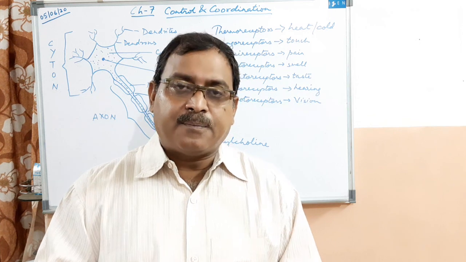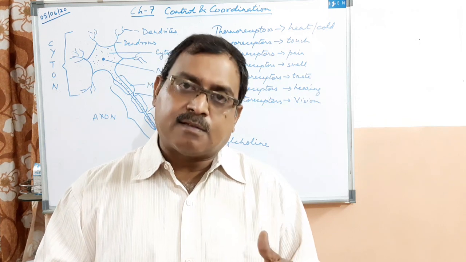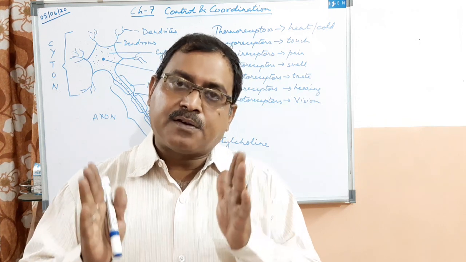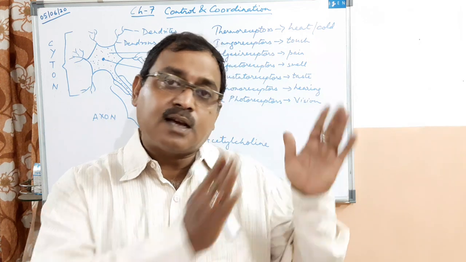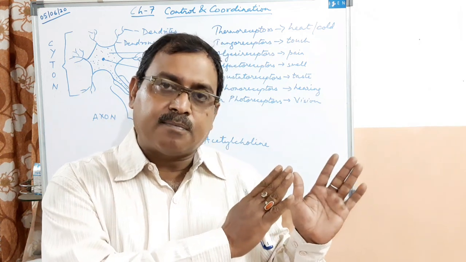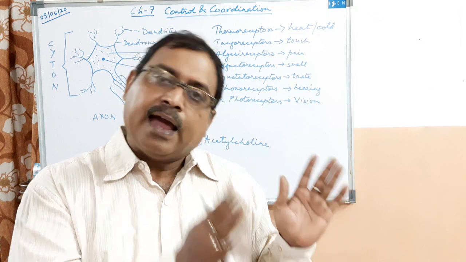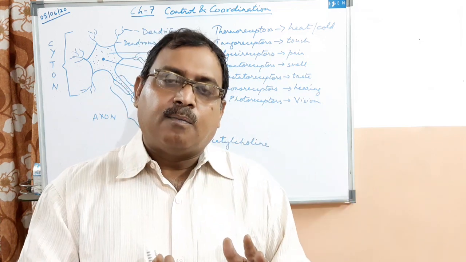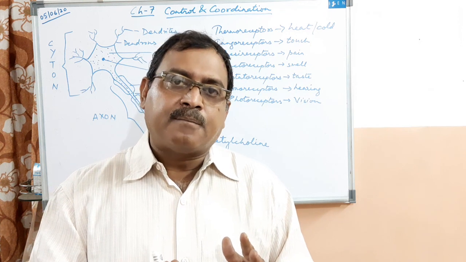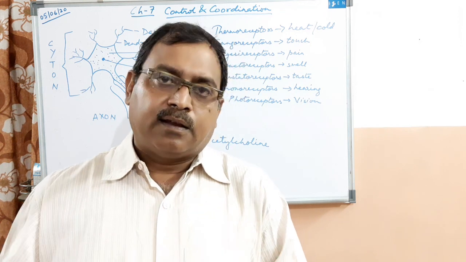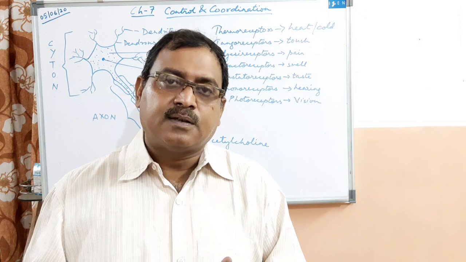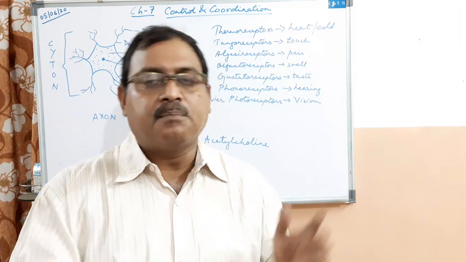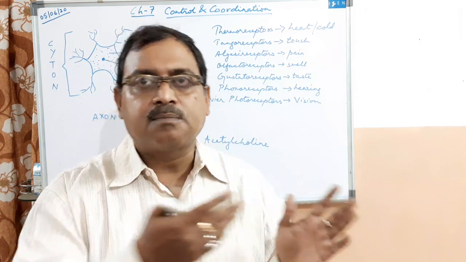So in this way, nerve impulse is carried from the receptor cells to the central nervous system, that is brain or spinal cord, and again a response is created by the effector muscles as they receive the message from the central nervous system.